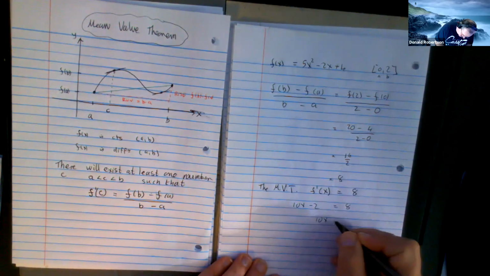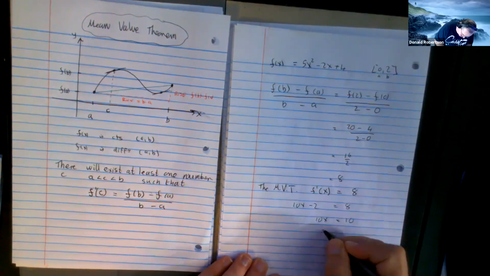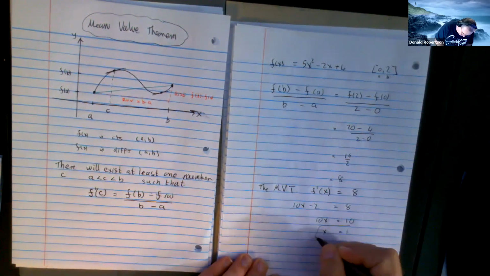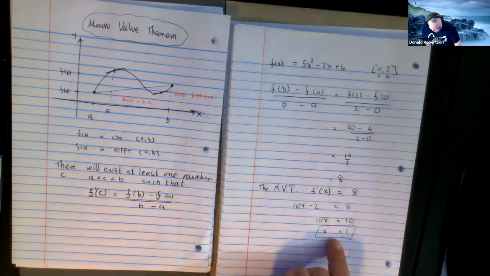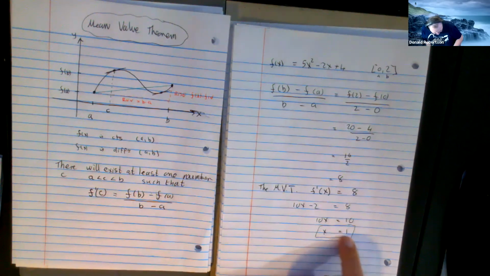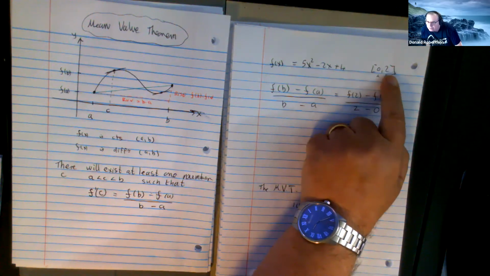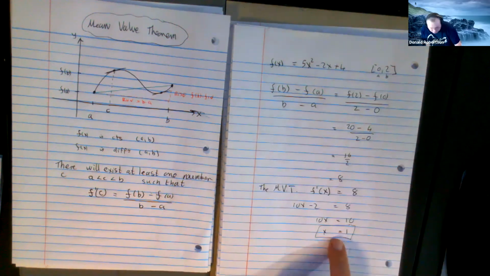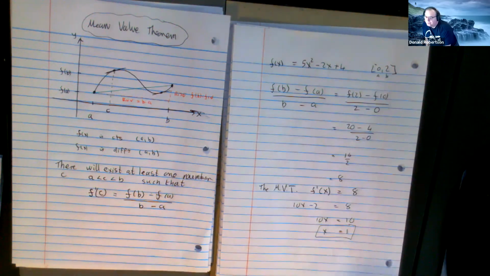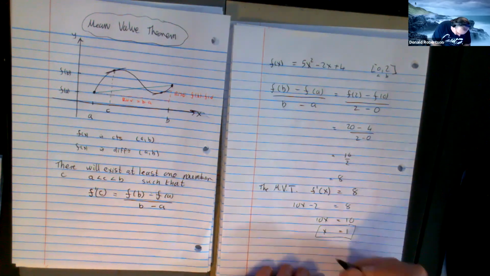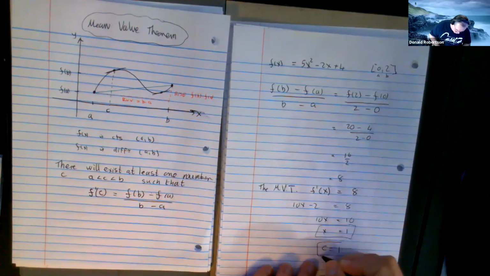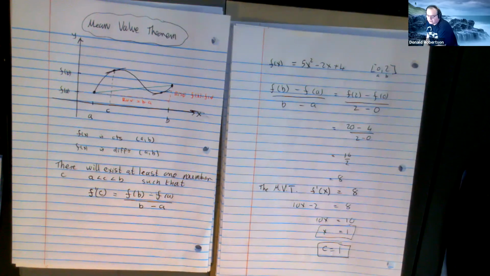That becomes 10x is 10, and that ends up being x equals 1. And the place where this happens is guaranteed to be between 0 and 2. And would you agree that 1 is bang in the middle of 0 to 2? And they call that number C. So C equals 1.